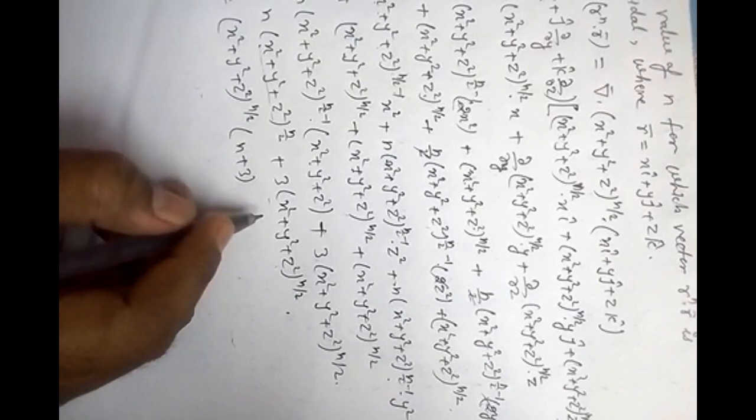Okay, for a solenoidal vector this term becomes 0. It means if vector r is solenoidal, then del dot r vector becomes 0. So (x² + y² + z²)^(n/2) into (n + 3) is equal to 0.